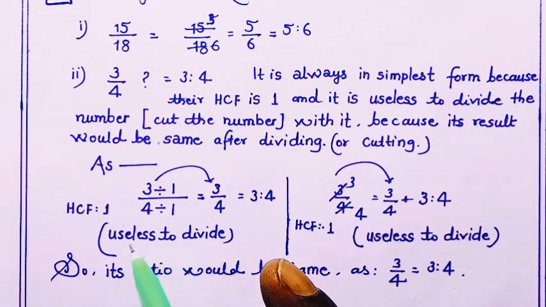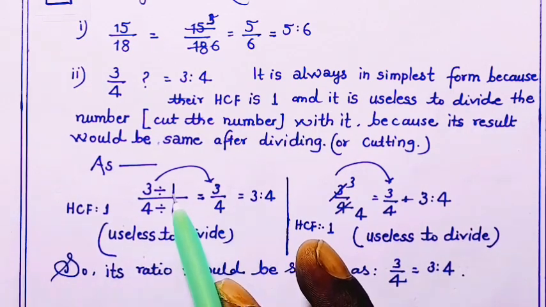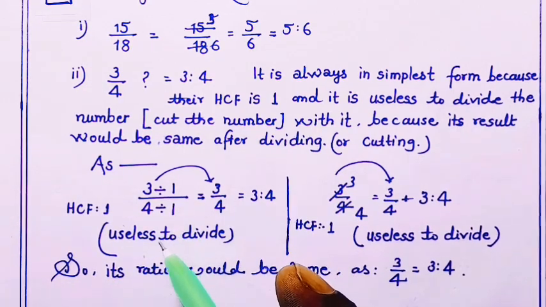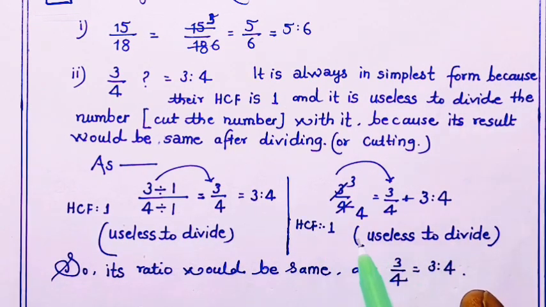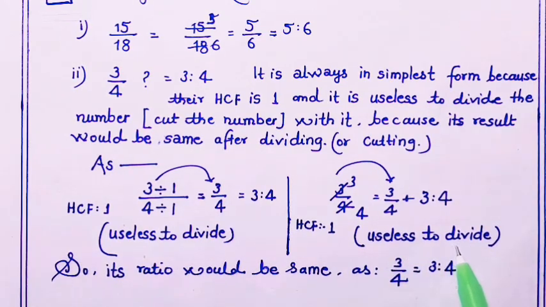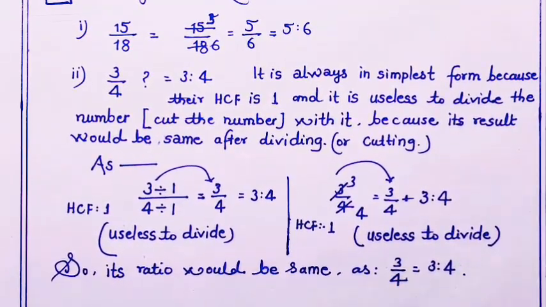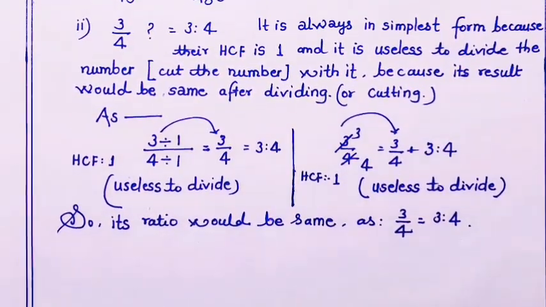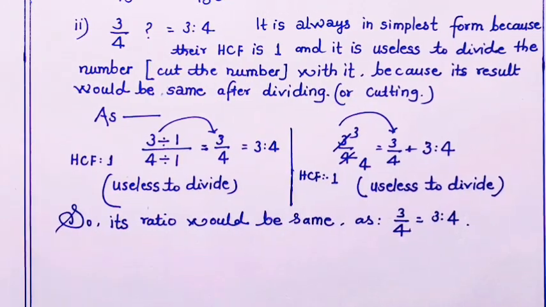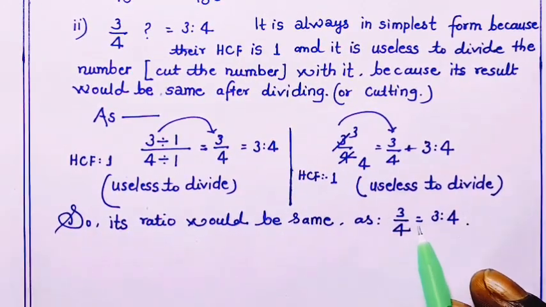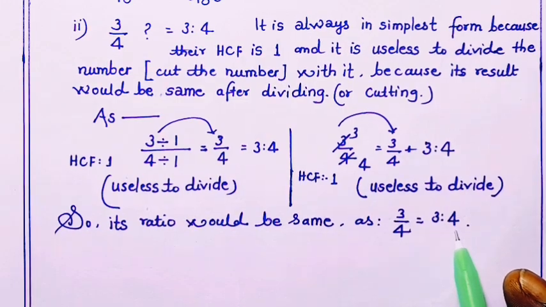So it is useless to divide by their HCF 1. You can also watch here. In both cases, it is useless to divide by their HCF 1. So its ratio would be same as 3 by 4 equal to 3 to 4.